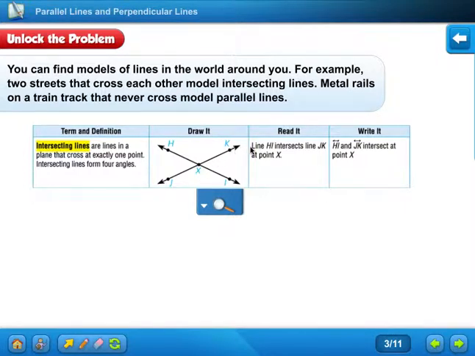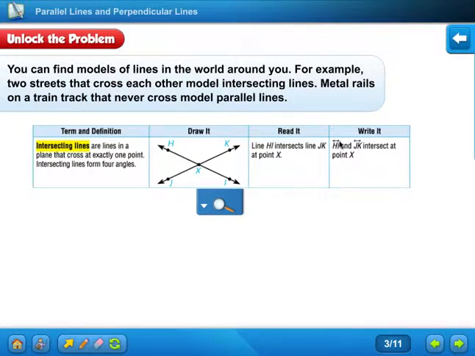That's all they do. Line HI intersects line JK at point X. So they cross at point X. This is how you would write it. HI with the line symbol.